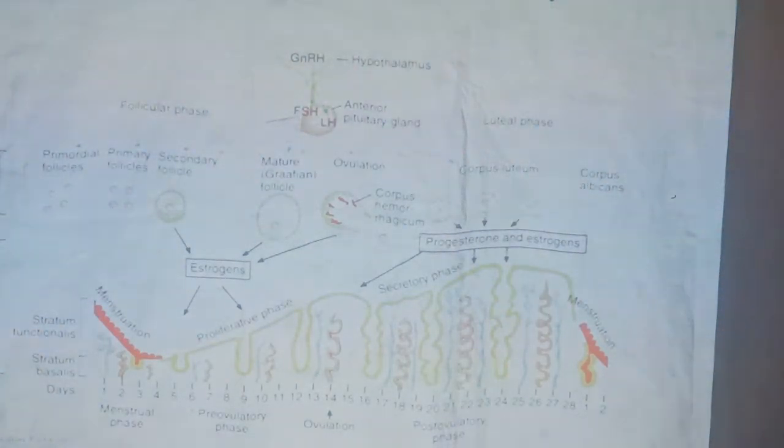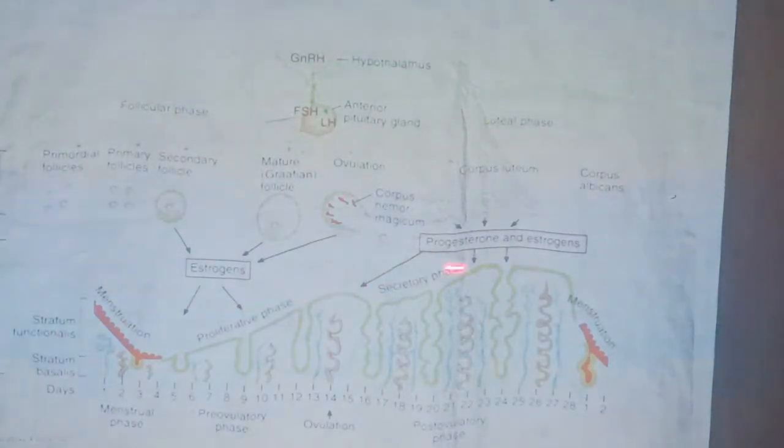It means the chorionic gonadotropin is released from the uterus, and it maintains the corpus luteum of the ovary. Its nature is LH-like, and the progesterone level will be continued. The progesterone is released from the corpus luteum.